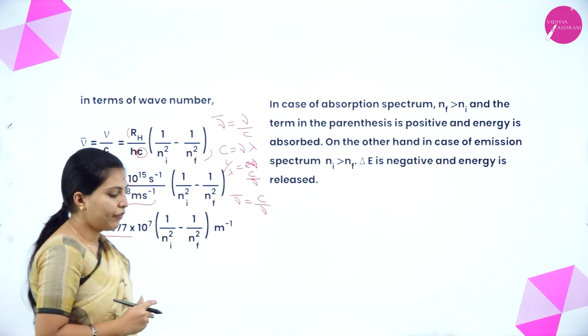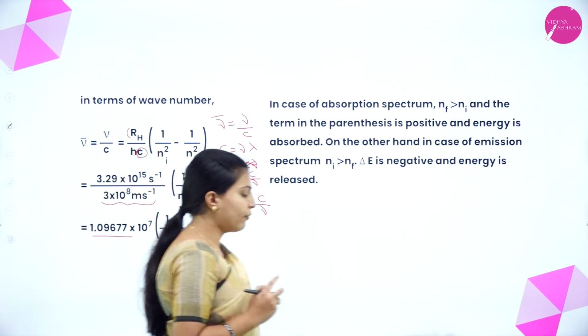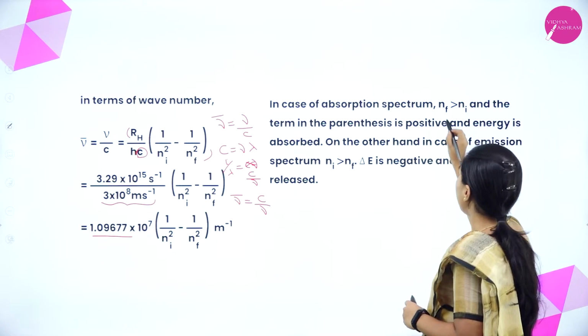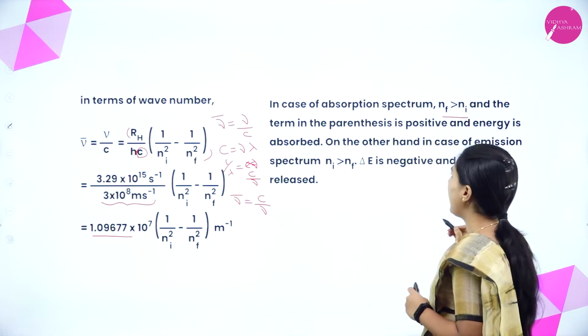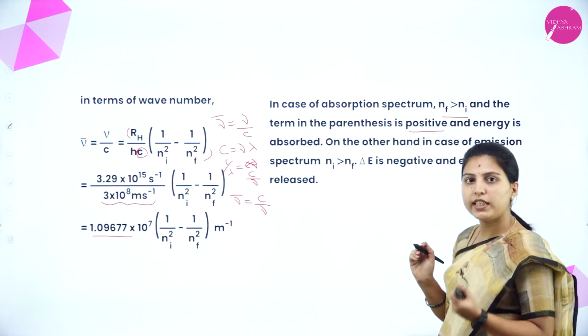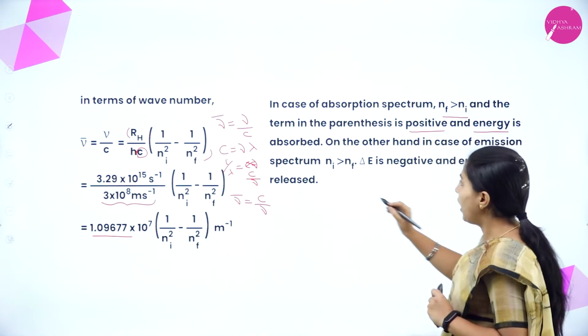This constant we have seen in the hydrogen spectrum also. There are two cases. In case of absorption spectrum, if Nf is greater than Ni, and the term in the parenthesis is positive, whatever the term we get will always be positive, and energy is absorbed.